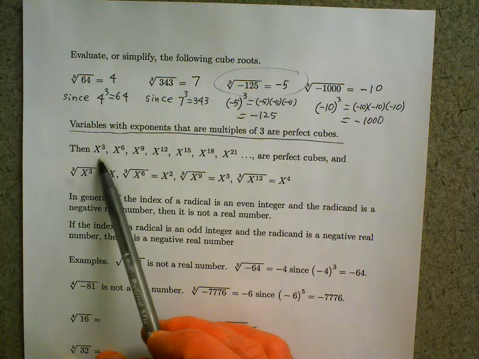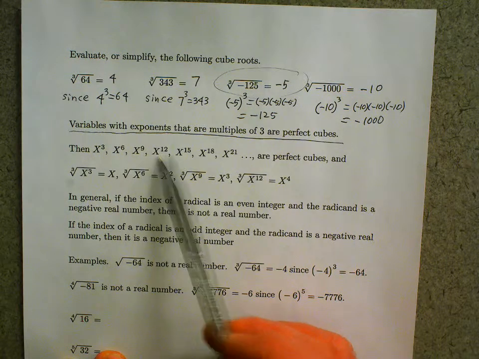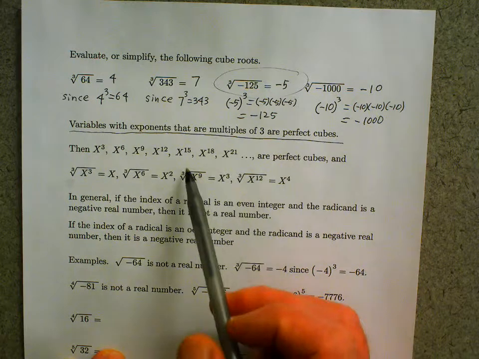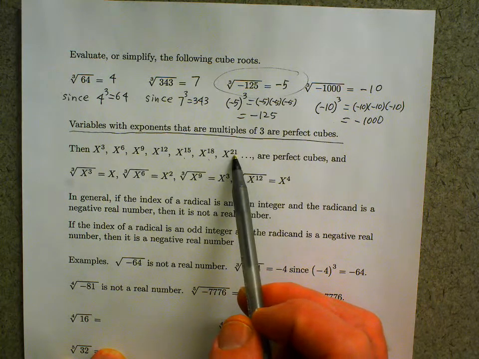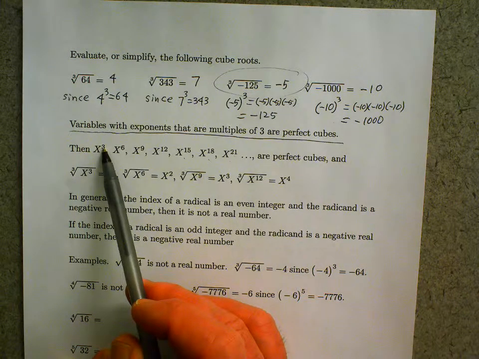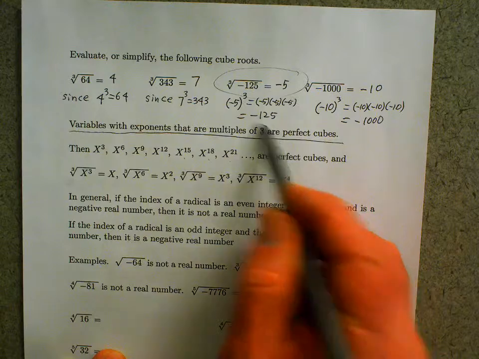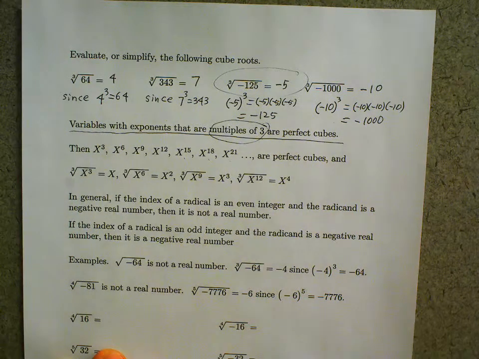X to the third, x to the sixth, x to the ninth, x to the 12th, x to the 15th, x to the 18th, x to the 21st, and so on. If the exponent is a multiple of 3, it's referred to as a perfect cube.